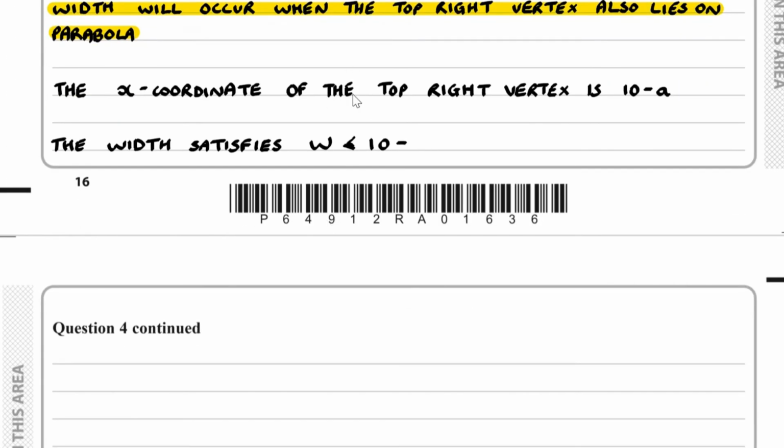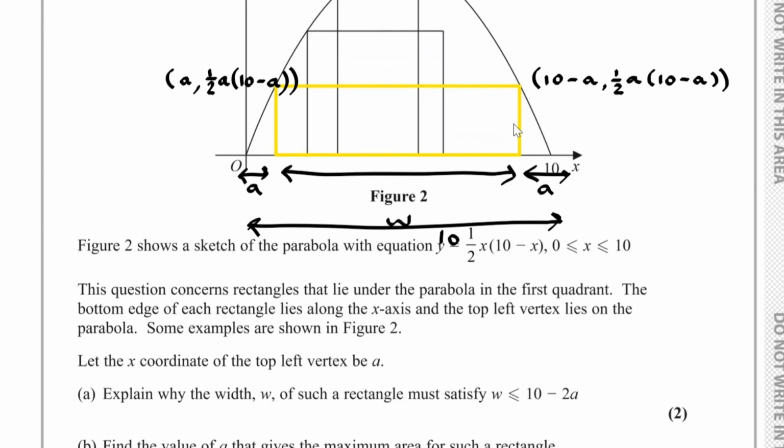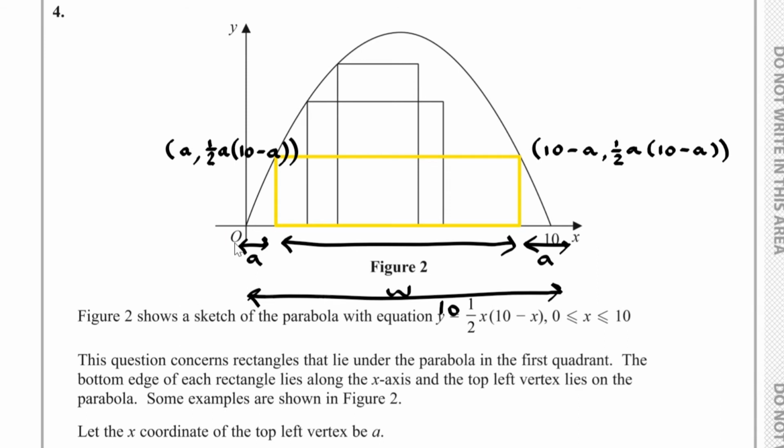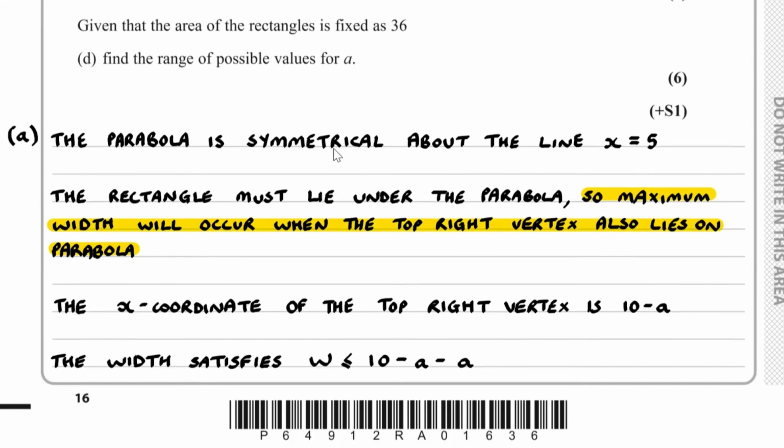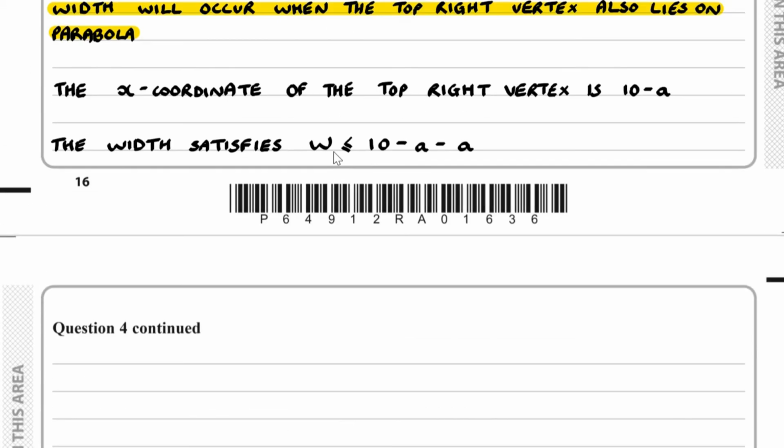So I've got W being less than or equal to 10 subtract a subtract another a. And hence we can conclude that W is less than or equal to 10 subtract 2a.